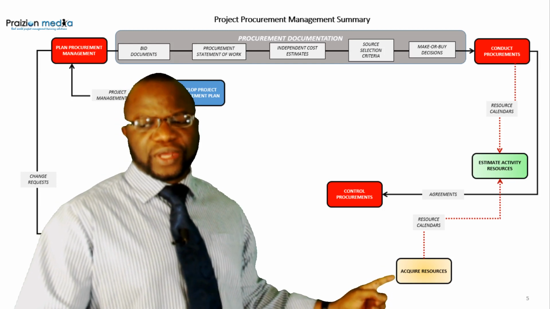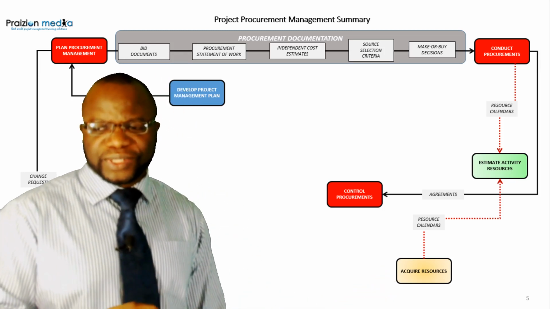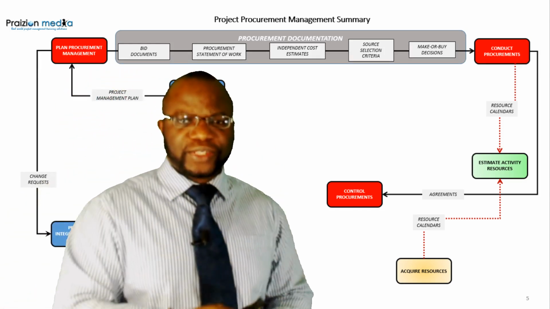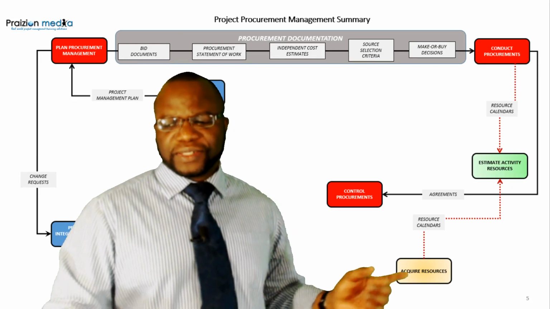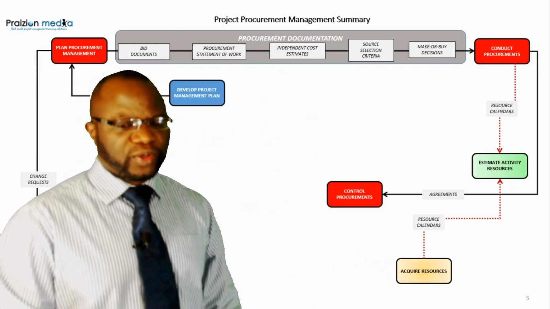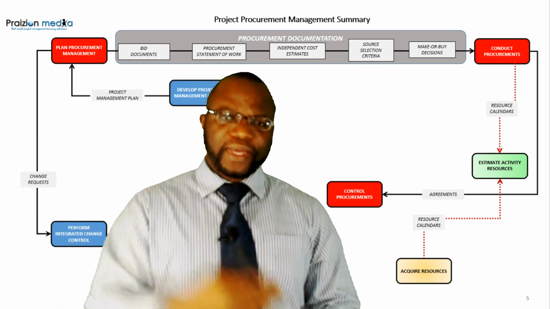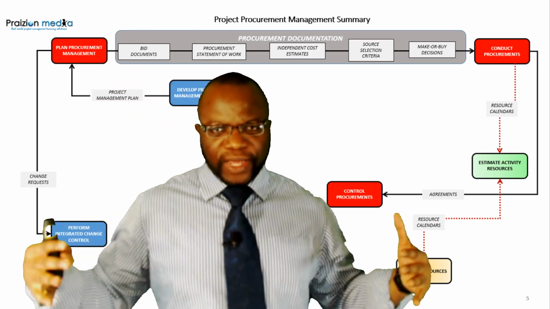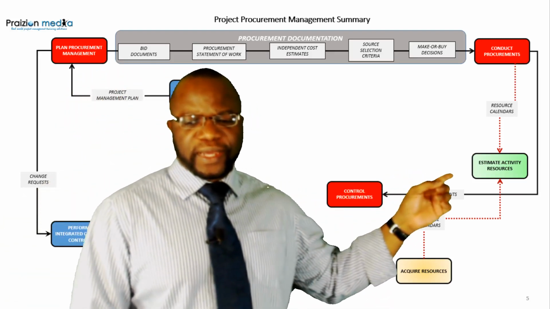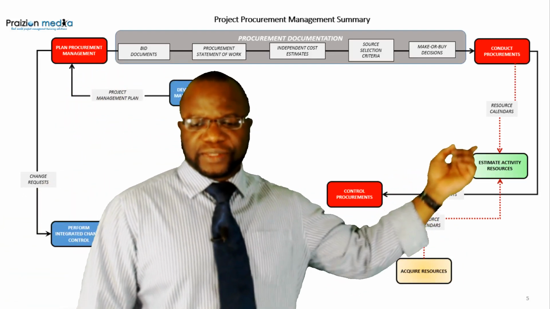You can see resource calendars going to estimate activity resources, but you can see resource calendars going in here as well from a different direction. So resource calendars come from acquire resources, but they also come from conduct procurements as well. So you can see a lot of interconnection points, things flowing into one place. Estimate activity resources, getting resource calendars from two places, is what this shows you.